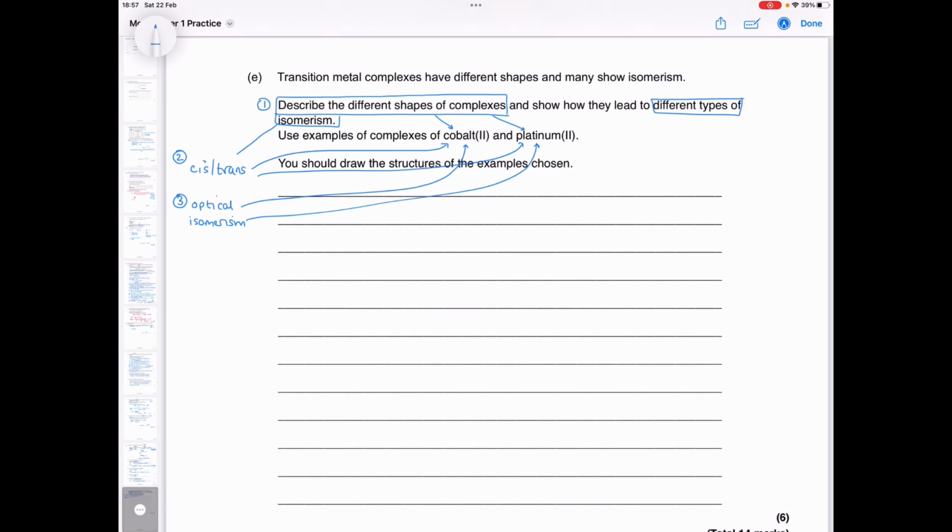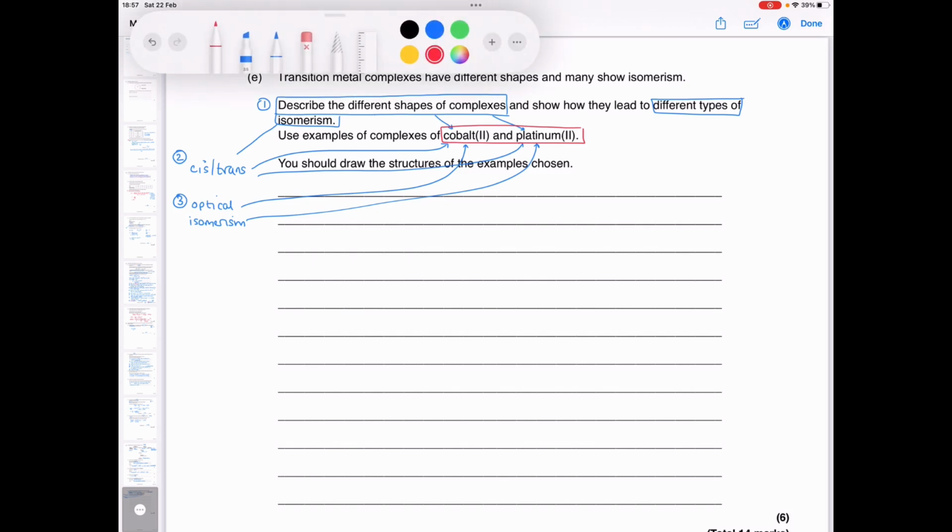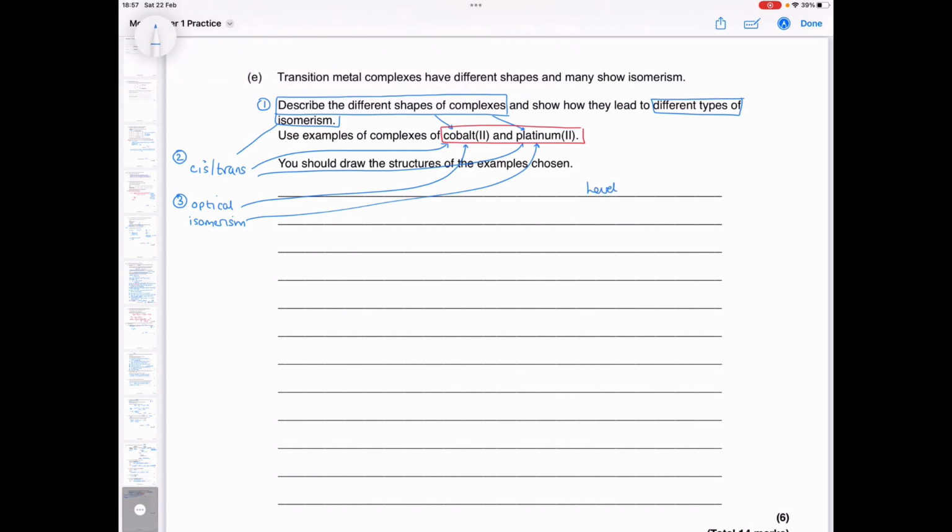So it's always got to come back to using examples from these 2 transition metal ions. Remember, to get into level 3, you're going to have to cover all 3 stages, virtually complete.